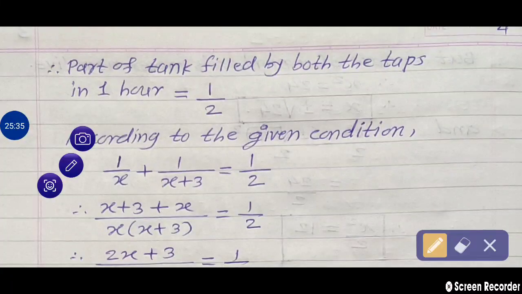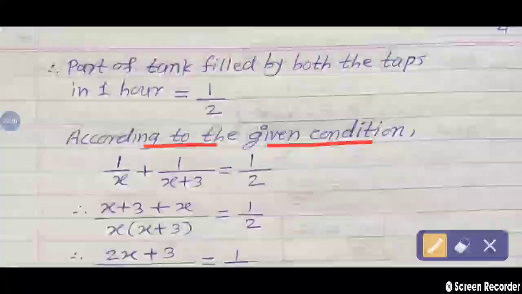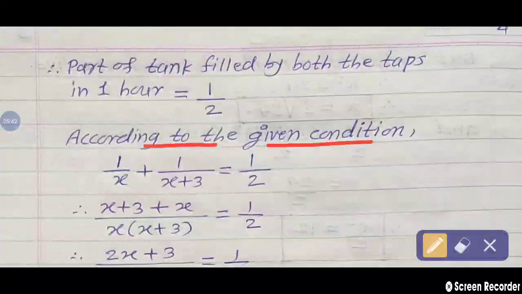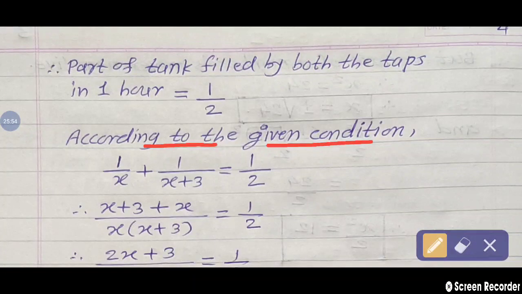Next. According to the given condition, we are making the addition. 1 upon x, that much part is filled by the bigger tap, plus 1 upon x plus 3, this much part of the tank is filled by the smaller tap, and that is equal to the part of the tank filled by both taps within 1 hour, that is 1 upon 2.